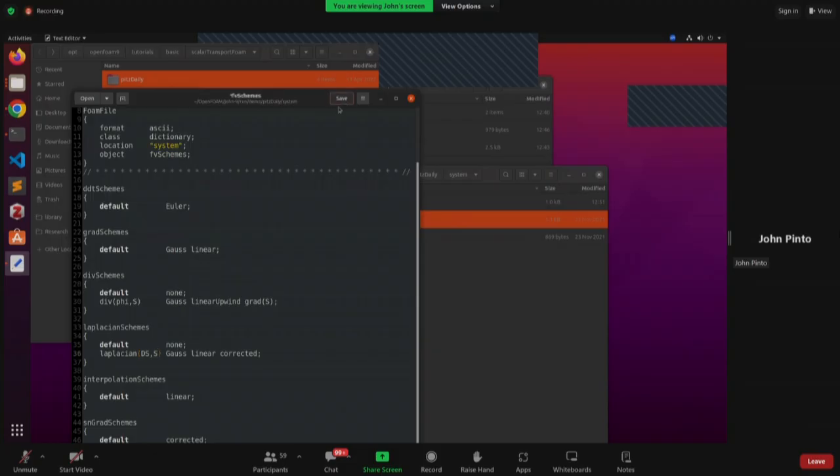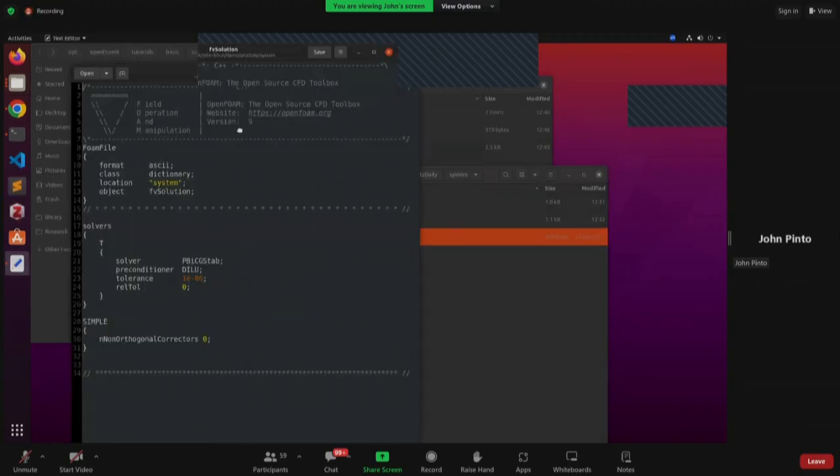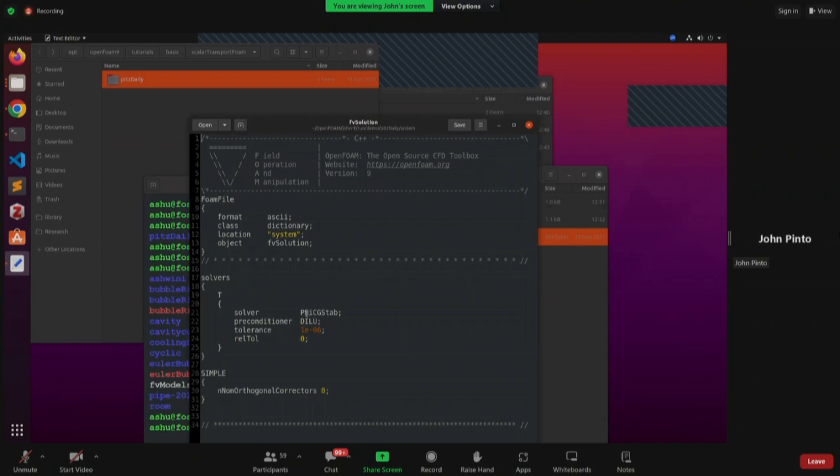So what schemes should be used? You are specifying them for your scalar. Next, in your solution, you need to specify what solution algorithm you are going to use, right? So here we have specified a solver only for T. Okay. So here I'm going to specify a solver for S. With this, you will understand that in our scalar transport form, we are not solving for velocity.